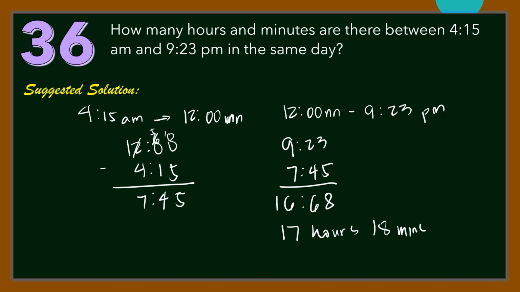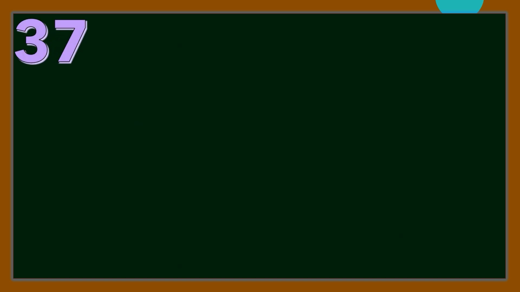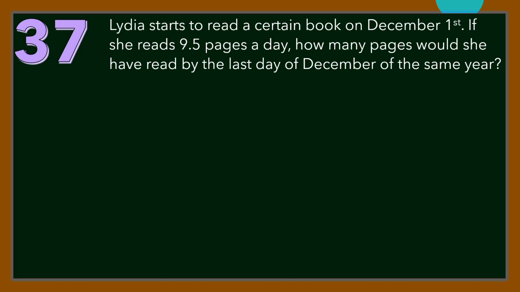Number 37. Lydia starts to read a certain book on December 1st. If she reads 9.5 pages a day, how many pages would she have read by the last day of December of the same year? Our solution: December has 31 days.